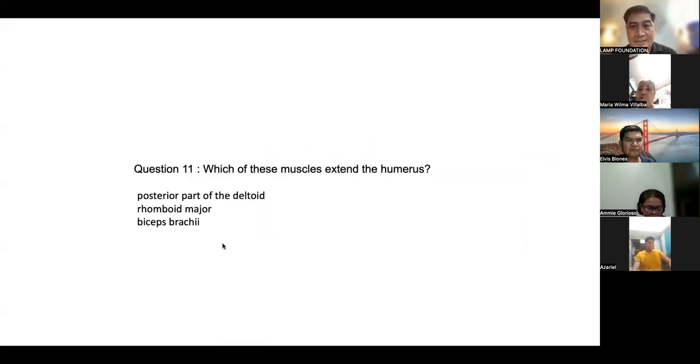Which of these muscles extend the humerus? Rhomboid major. No. Posterior part of the deltoid. Okay, that's your second choice. Correct.